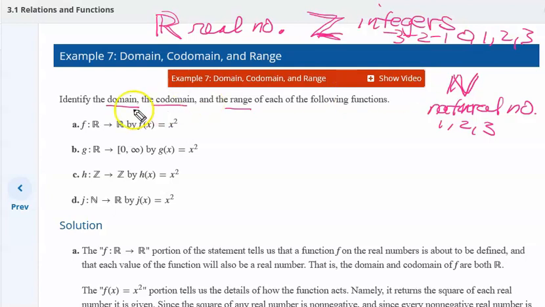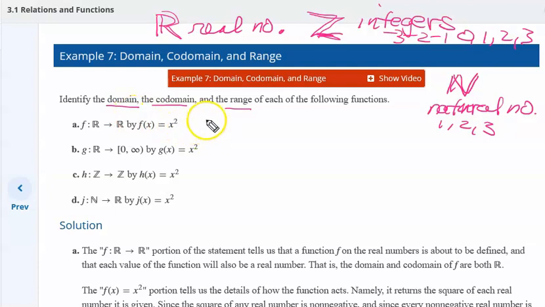Now, what does this say? Well, the function, and we're going to define domain, goes from real numbers to real numbers, where something is going to be squared. Now, all real numbers, if they're squared, produce a real number. If they're negative, when they're squared, it becomes positive.